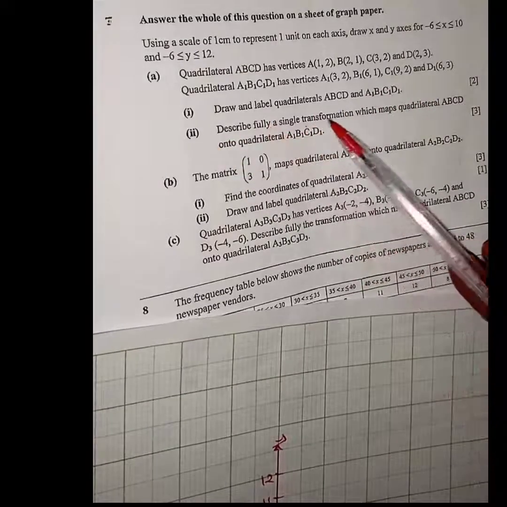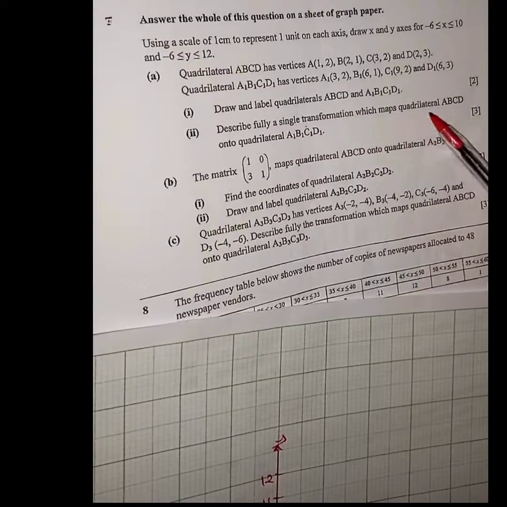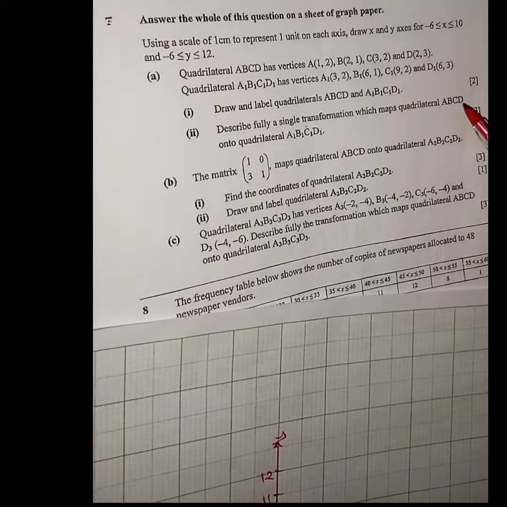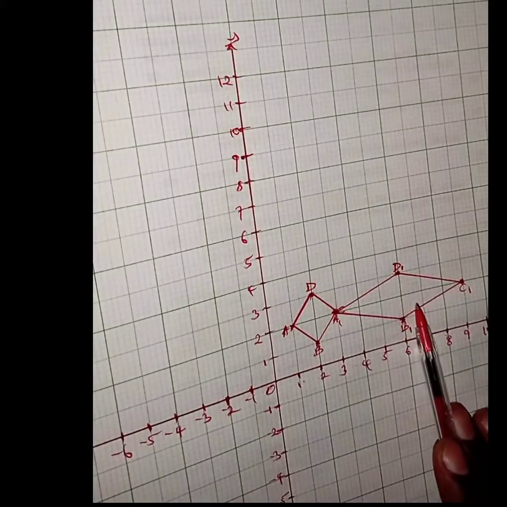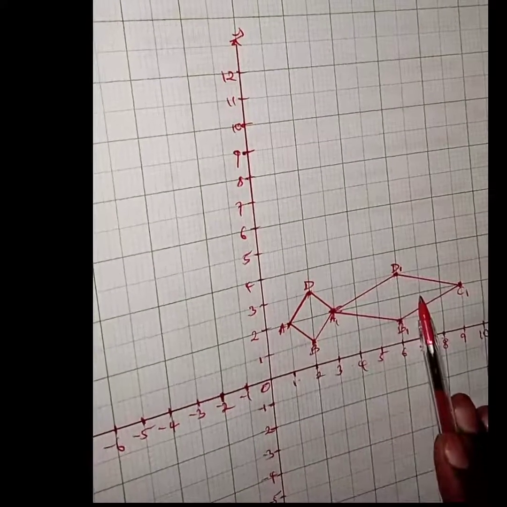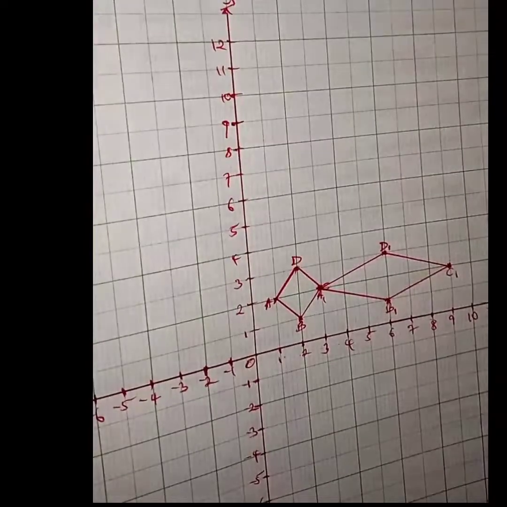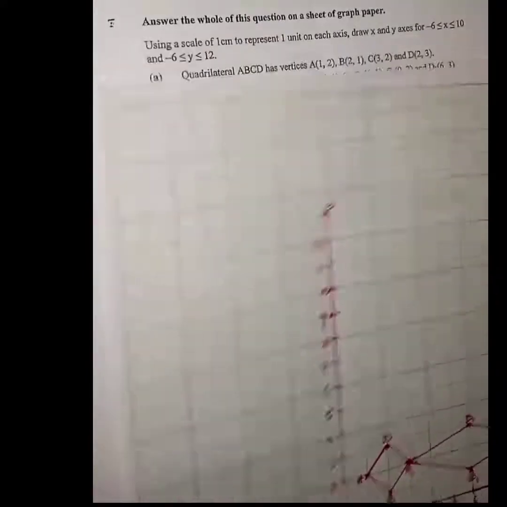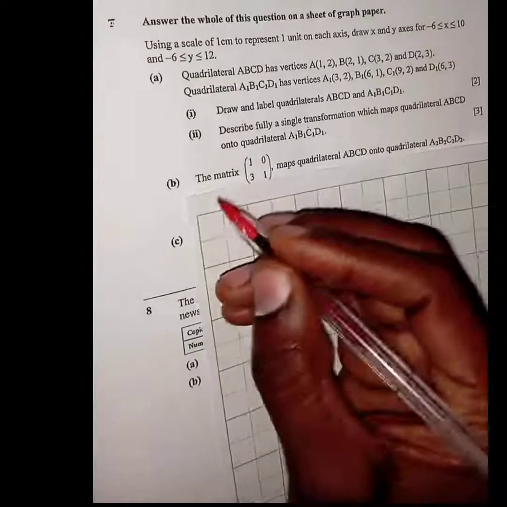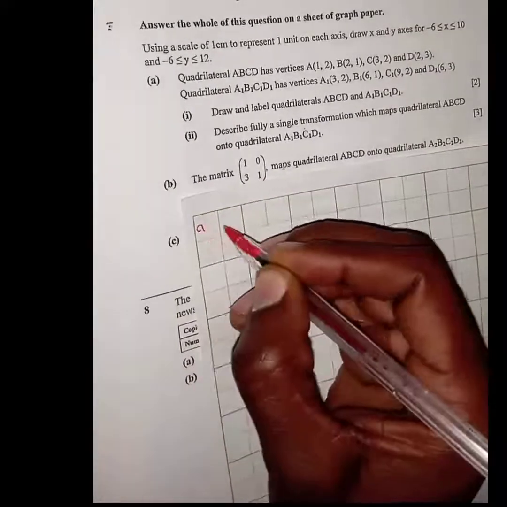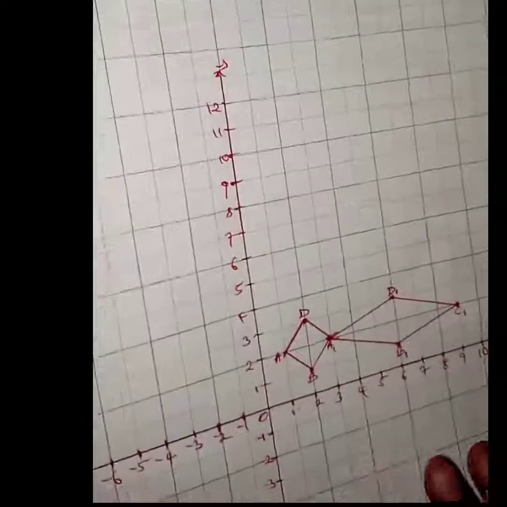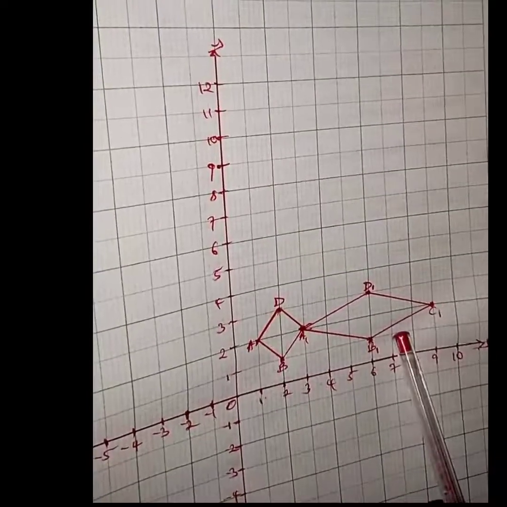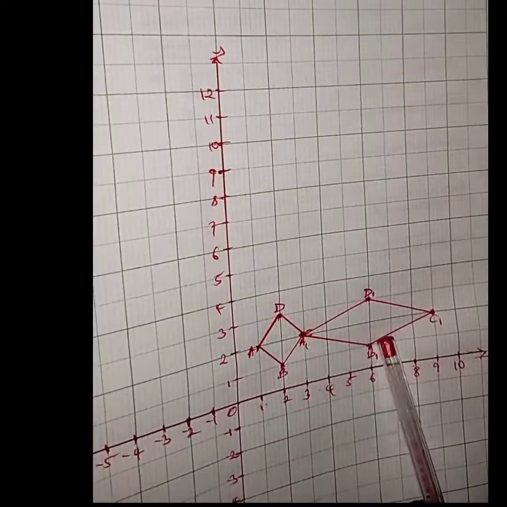Describe fully a single transformation which maps quadrilateral ABCD onto this. It was transformed into this. As you can see, we need to label accordingly. This is the A1, from this to this image. What happened here?